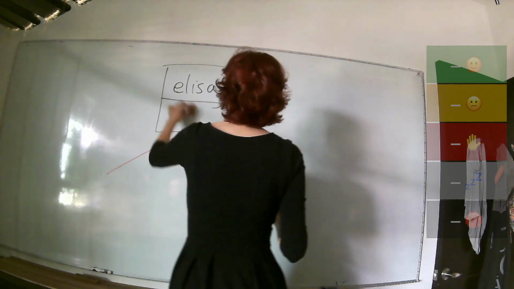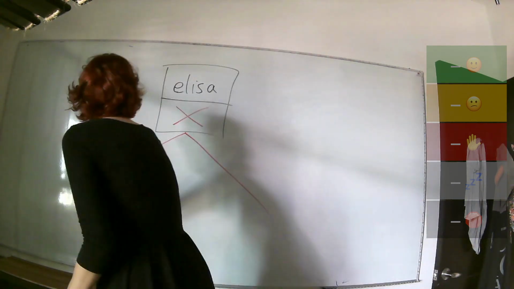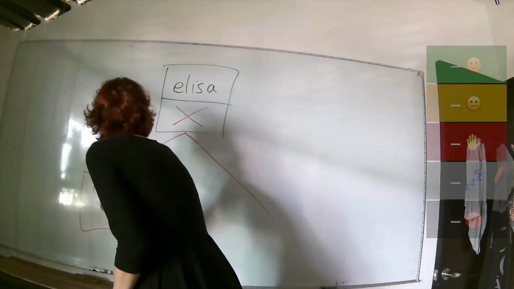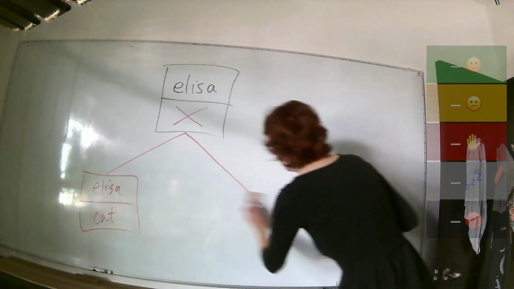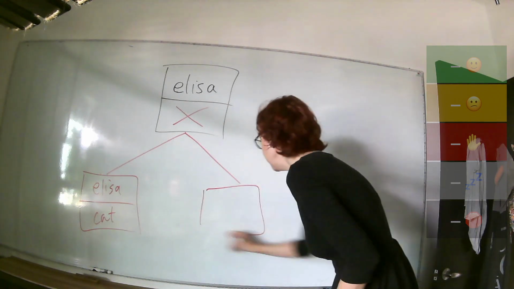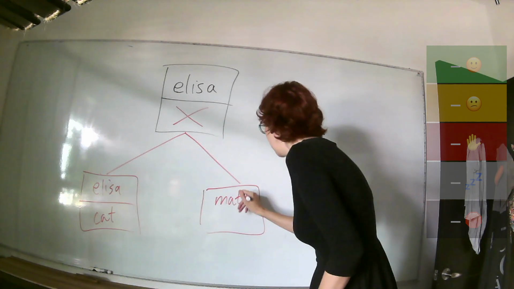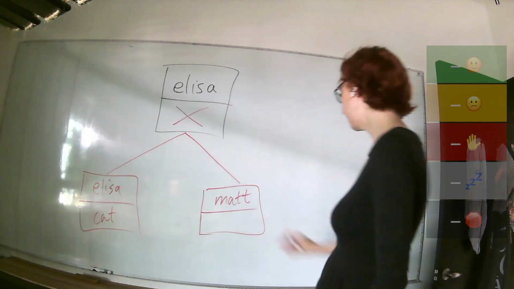It's not going to have a password anymore. And I'm going to put Elisa alphabetically to the left. So Elisa with cat is going to go here. And the new user, Matt, because M is after E in the alphabet, Matt's just going to go here, and he's going to have another password. His password is going to be computer.